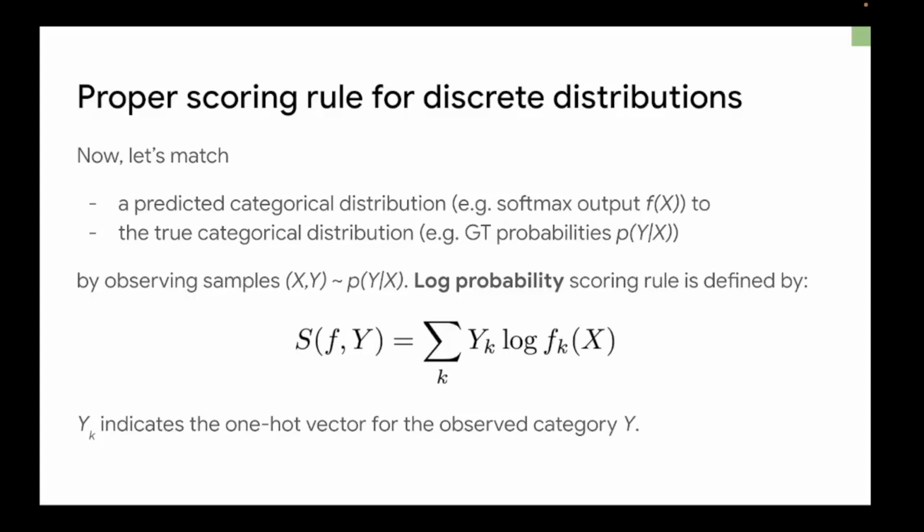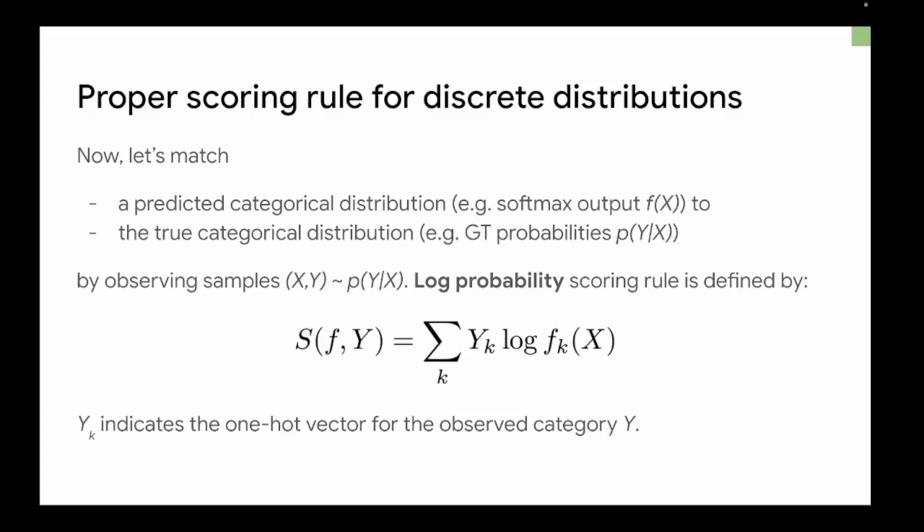So what does that mean in practice for a classification problem? Let's try to match a predicted categorical distribution, which is, for example, the softmax output of a neural network. It's going to be a C-dimensional vector, where C is the number of classes, which sums to 1.